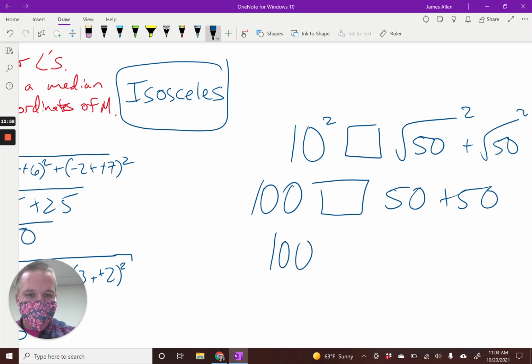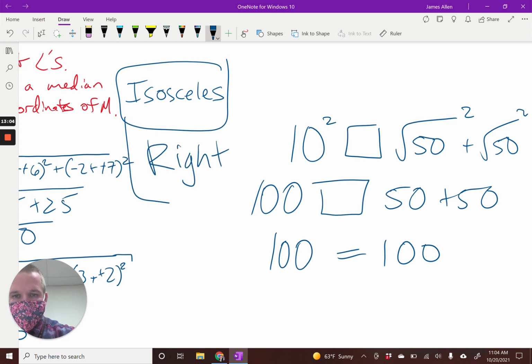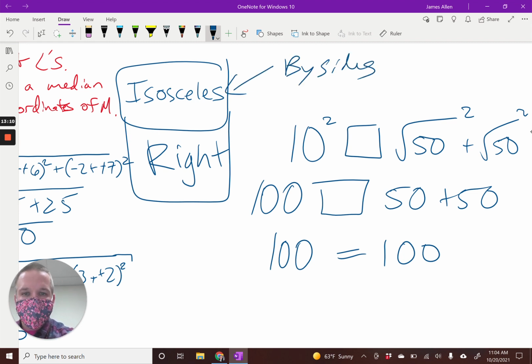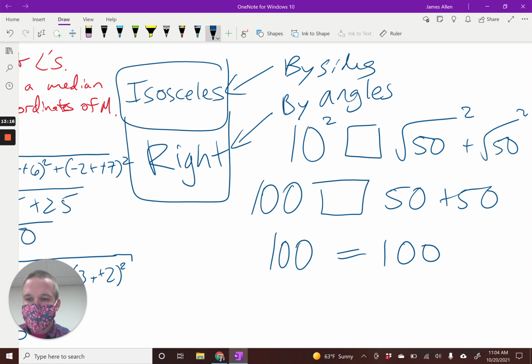Holy guacamole. These are equal. That means it's a right triangle. Isosceles is classifying by sides. Right is by angles. Cool?